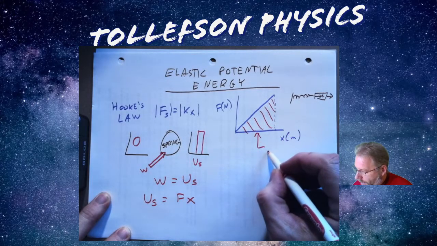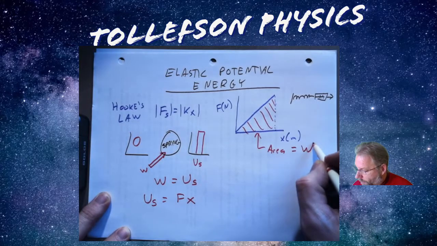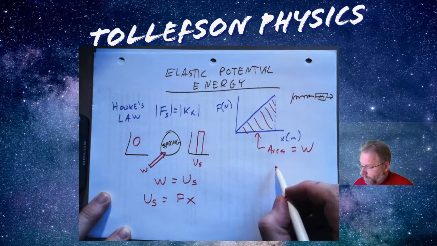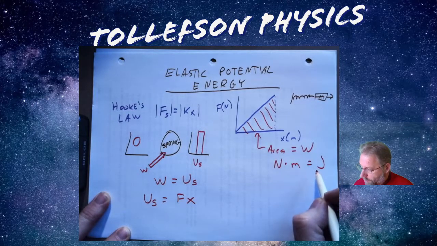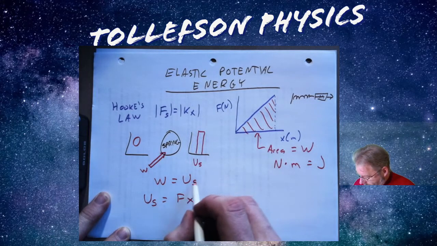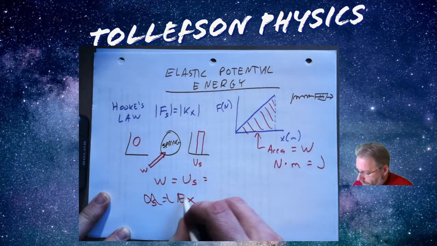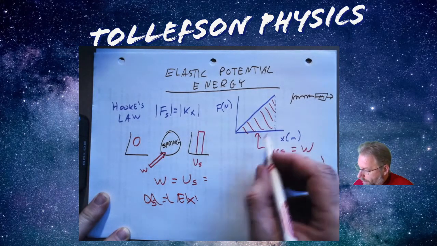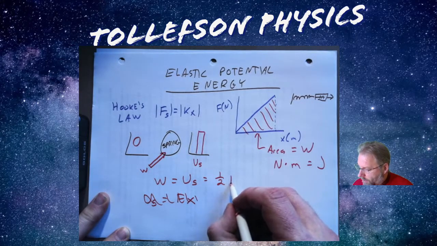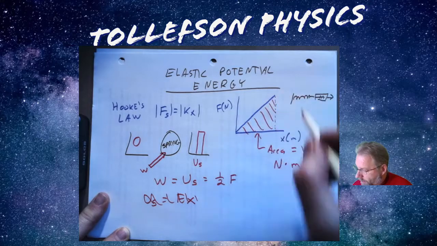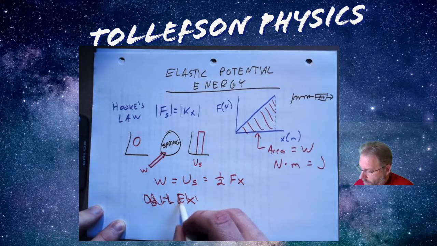This area under the curve is actually the amount of work, because it's going to be newtons times meters, which is joules. So the U_S is going to equal the area, which is a triangle, 1/2 base times height. The base is the stretch and the height is the force at this location. So let's do it that way instead.